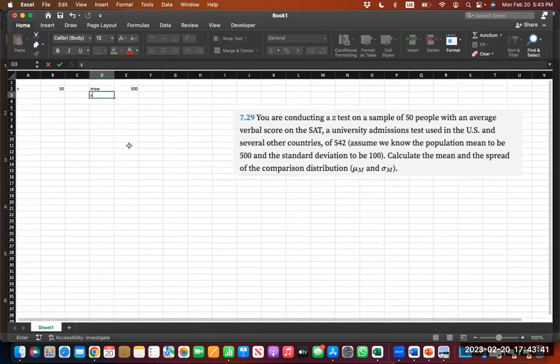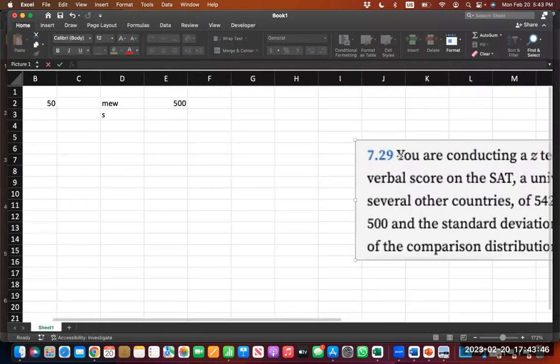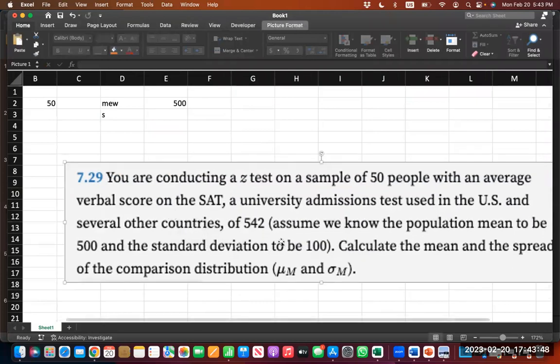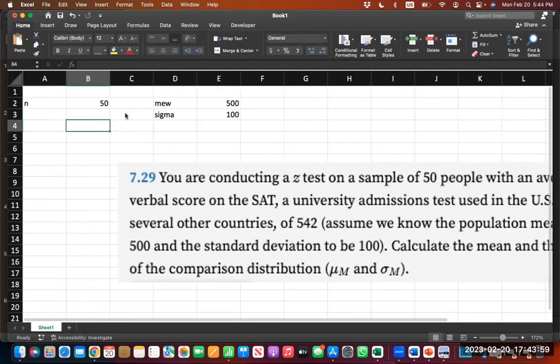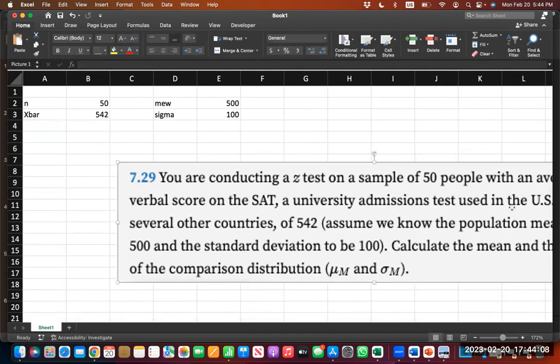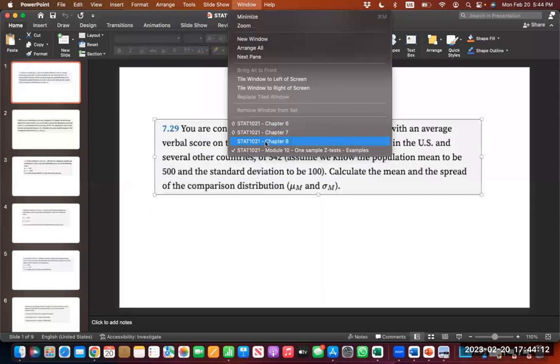So we have a population mean of 500, a standard deviation of 100. So our sigma is 100. Our sample mean is 542. So that's our X bar, 542.